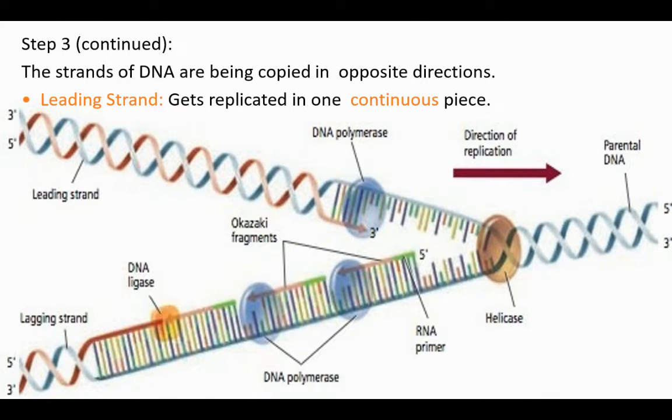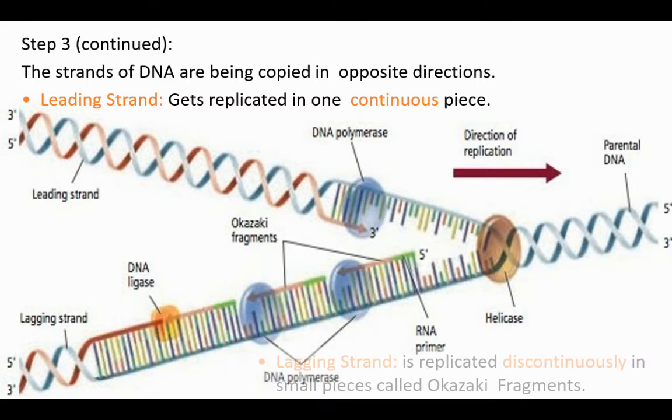Now, kaya hindi na natin nakita yung RNA primer dyan, tapos nag-coiling na kaagad siya because this is what we call the leading strand. Usually, the leading strand is replicated in one continuous space. Kumbaga dire-diretso siya, parang sumusunod siya sa trend. While on the other hand, the lagging strand is the opposite direction.